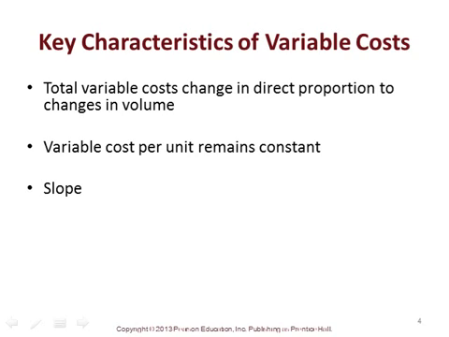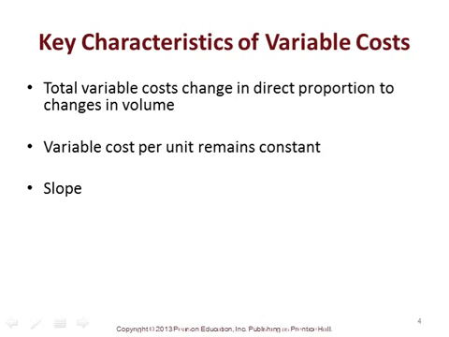So with variable costs, what we're talking about is where total variable costs change in direct proportion to changes in volume. So variable cost per unit remains constant. So this says if I have a variable cost per unit of $6 per unit, it doesn't matter whether I manufacture my first unit or my 1,001st unit or my 100th unit. My variable cost is still $6 per unit.